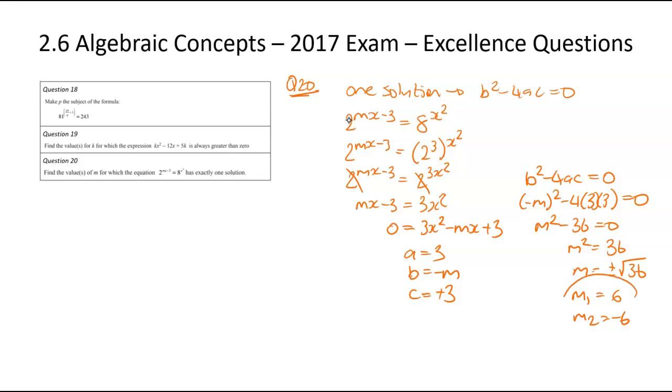So what this tells us is the equation that we have will have one solution when that m value is 6 or negative 6. So therefore, our equation will have one solution when m is equal to 6 or when m is equal to negative 6.